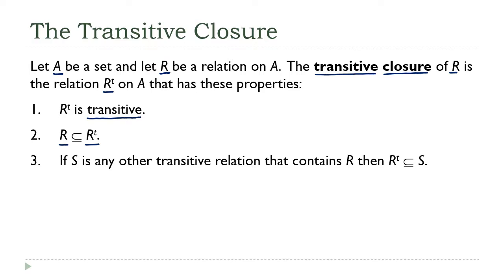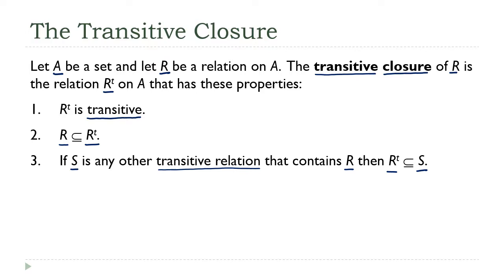And finally, if S is any other transitive relation that contains R, then our new one is a subset of that one. So what this last property says is that our new transitive relation is, in the sense of subsets, the smallest transitive relation that contains the original one.